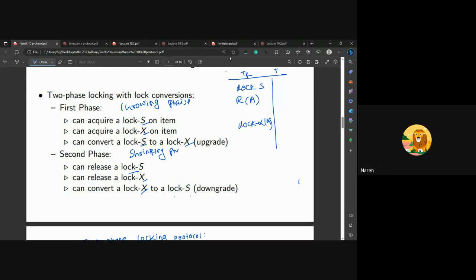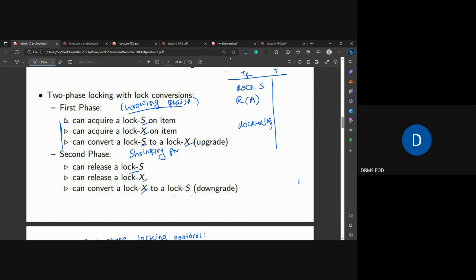These are three different things, and any one of them can happen in the growing phase. There is no connection between the first statement, can acquire S lock on an item, and the next; it is a separate statement. Can acquire lock X on an item is another separate statement. Okay, sir.